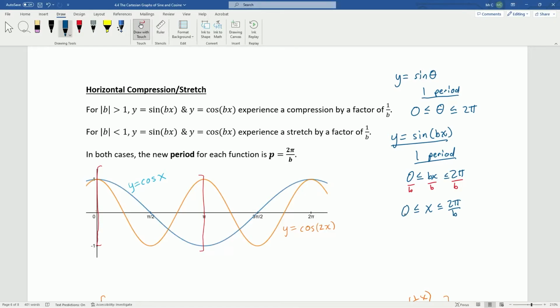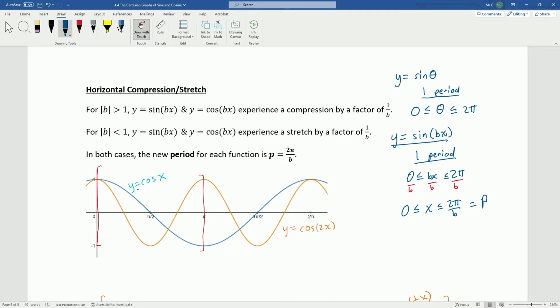But the distance between 0 and 2 pi over b is by definition the period, right? So the period for my new x value is 2 pi over b. So, in other words, what we're saying is the input is going from 0 to 2 pi, but my new x values only need to go from 0 to 2 pi over b to make the input go from 0 to 2 pi. So that's why our period stretches or compresses to 2 pi over b.